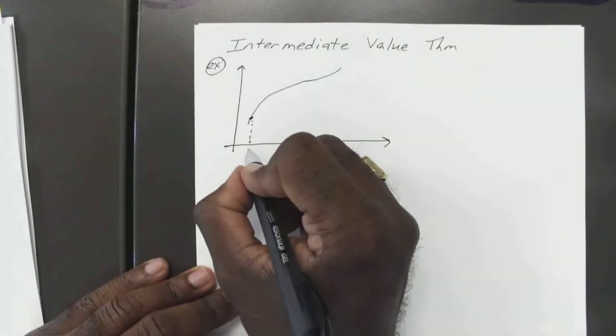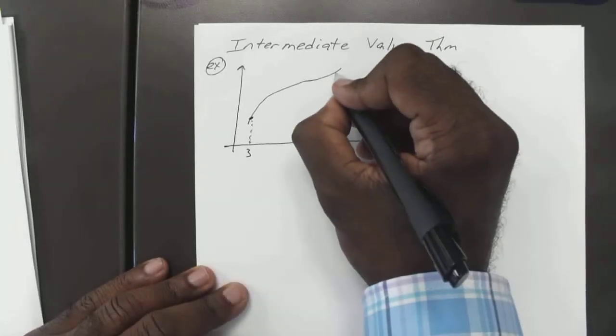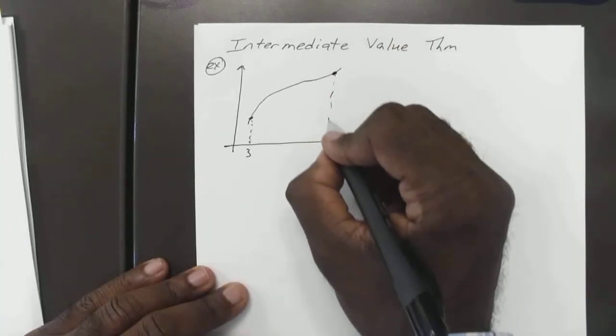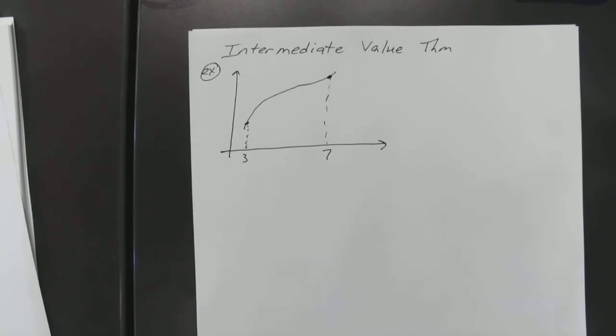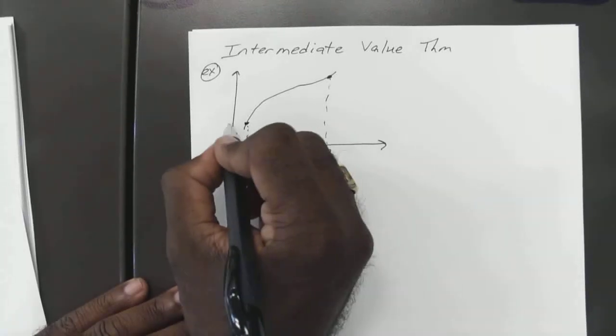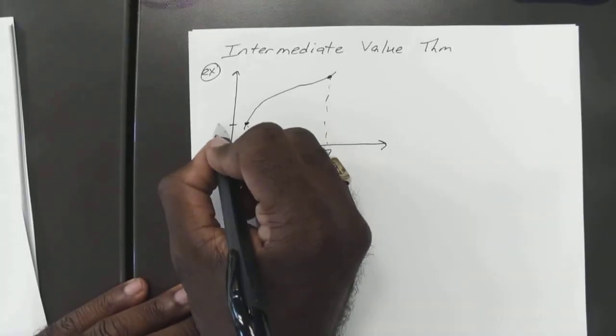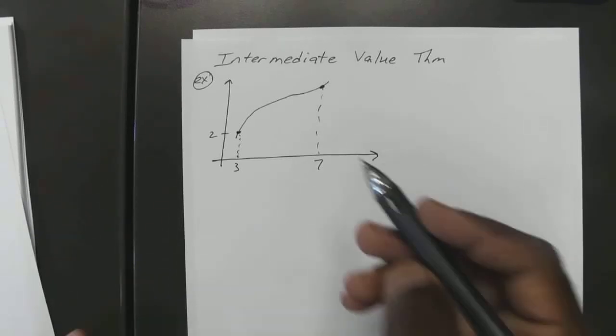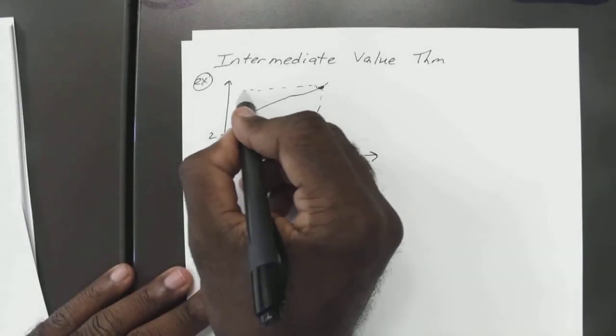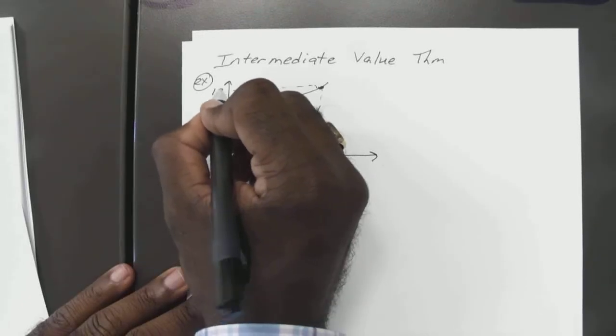Let's say this is 3, and we'll let this x value be 7. Whatever your function is, if you plug in x equals 3, you end up with y equals 2. And if you plug in x equals 7, you end up with y equals 18.